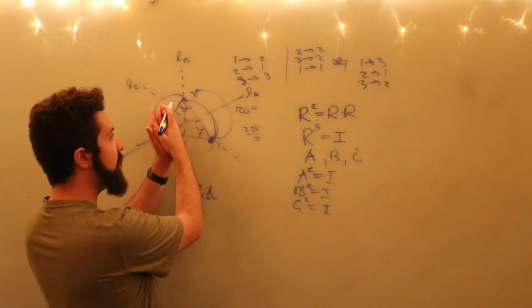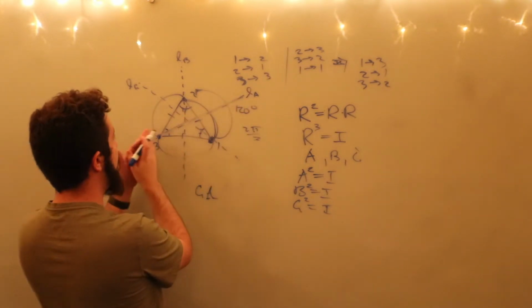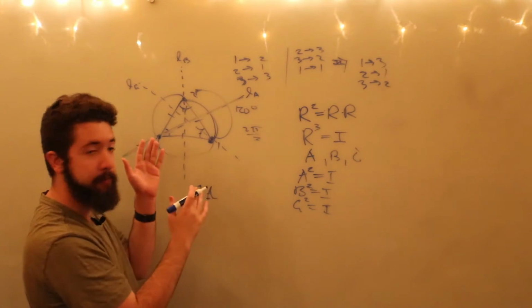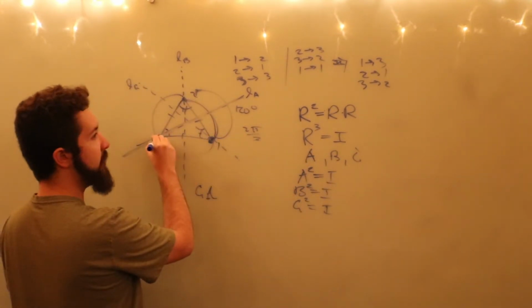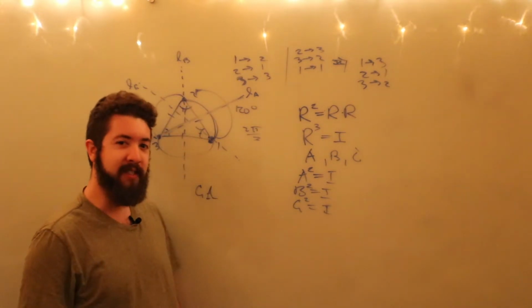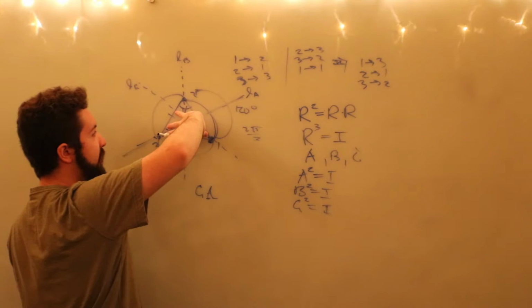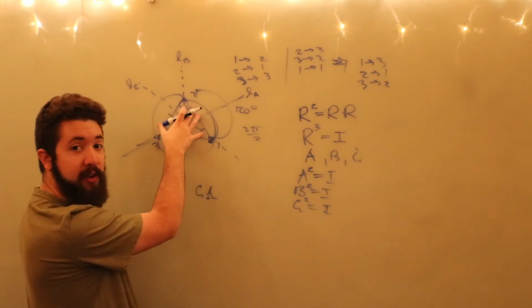A reflection across line A, followed by a reflection across line C. All right. But now look at this. 1 goes to 3, 3 goes to 2, 2 goes to 1. What is this? This is just a rotation in the clockwise direction by 120 degrees.